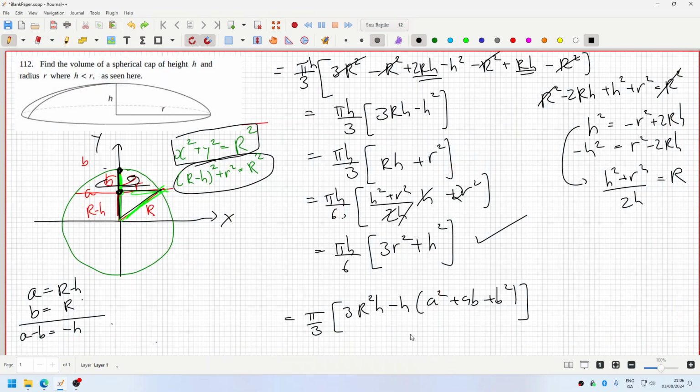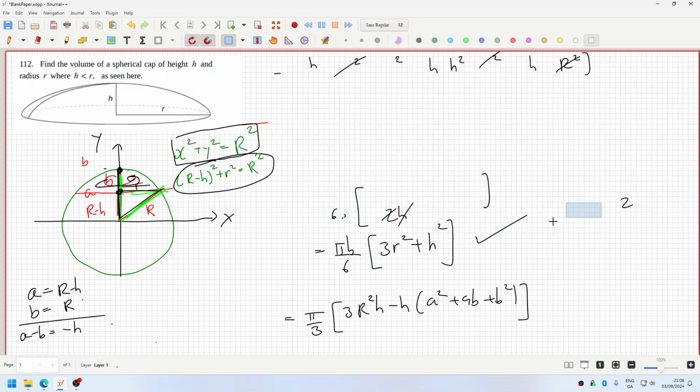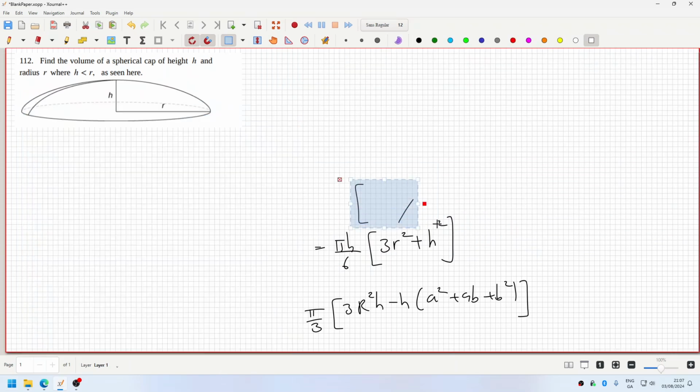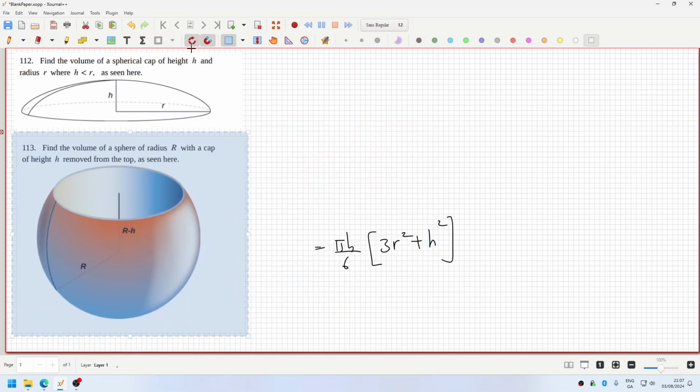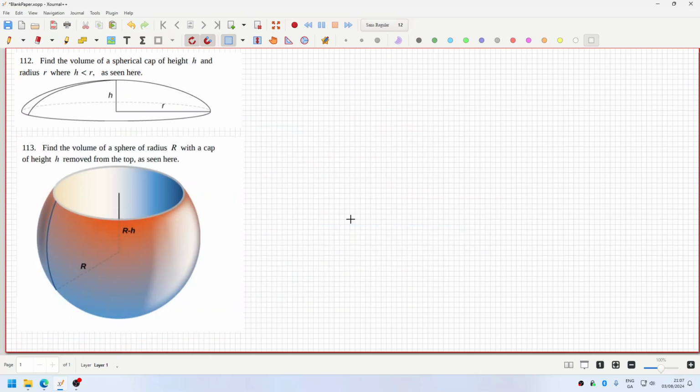Let's see. If I just remove this here, and pop this here, and then move this up to the top.